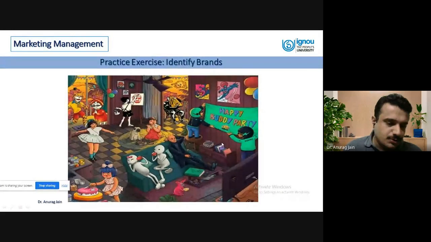In this way, tell me what brands you can identify here. And pardon me, some of them are Indian brands, but others are international brands as well. So maybe the others you would be able to identify very easily.